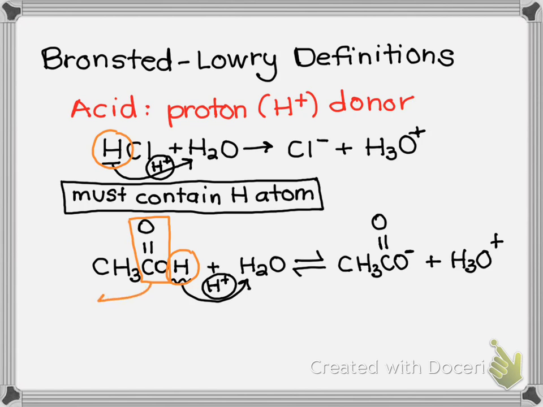And recall in your homework, it would be attached to something else, but it may also be written that way because it's a little easier to type. So you can see both examples in your textbook. So it has to contain a hydrogen. Now sometimes acids may have a charge on them. They can be positive, neutral, or have a negative charge. So we're not worried about the charge. We're really looking for that hydrogen.